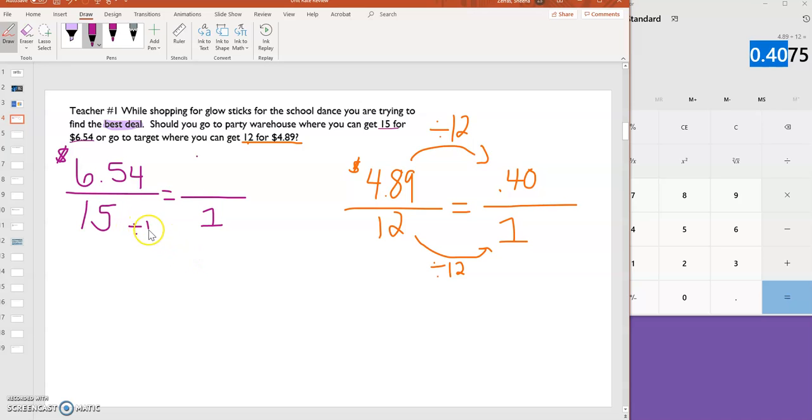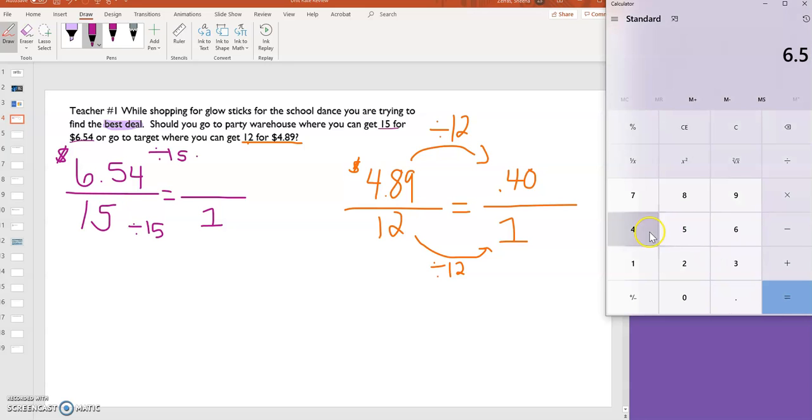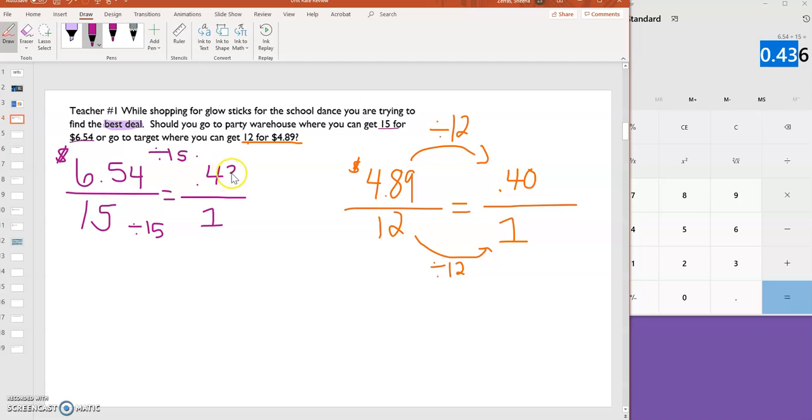So dividing by 15 here to get 1, and then also dividing by 15 up top. So 6.54 divided by 15. And again, I'm only worrying about the first two digits here.